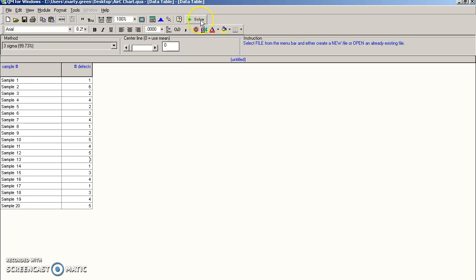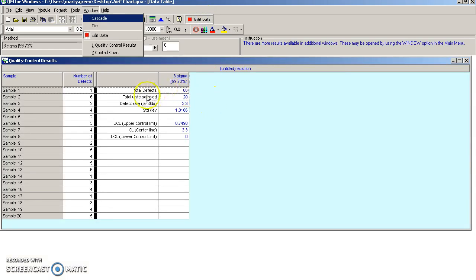All we have to do now, after getting all the data in regarding our defects in paper planes, is click Solve, and I've got our total number of defects, the total number of samples, our defect rate, which is our center line, and you'll see that in a second, and it also runs our standard deviation for you.